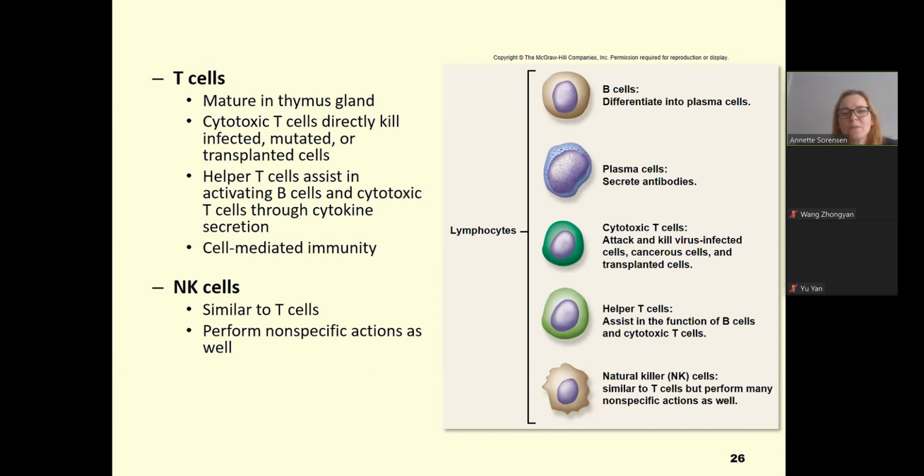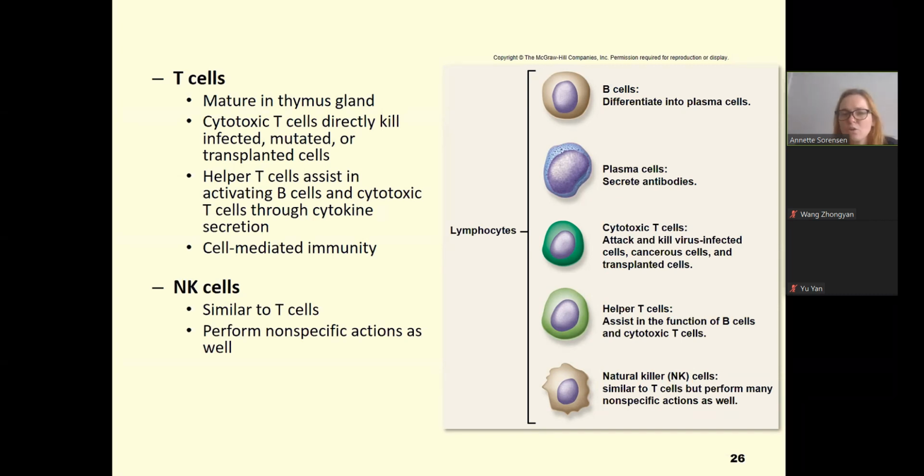Now, helper T cells are very important cells. They might not have the ability to kill cells or pathogens themselves, but they are very important in assisting in the activation of B cells and cytotoxic T cells. So helper T cells are absolutely crucial for the activation of both B cells and cytotoxic T cells.